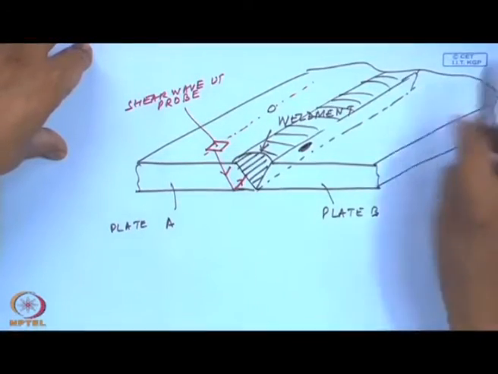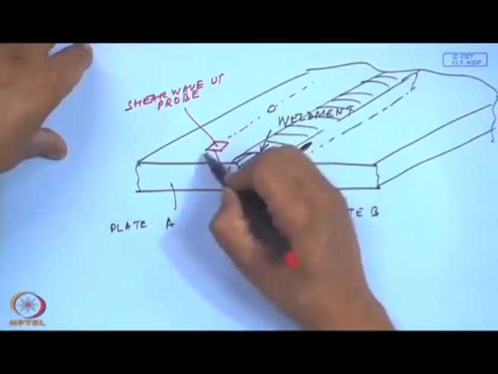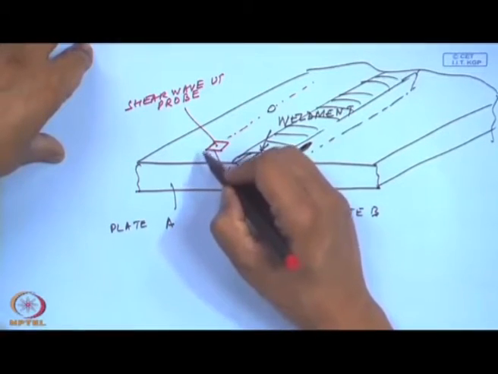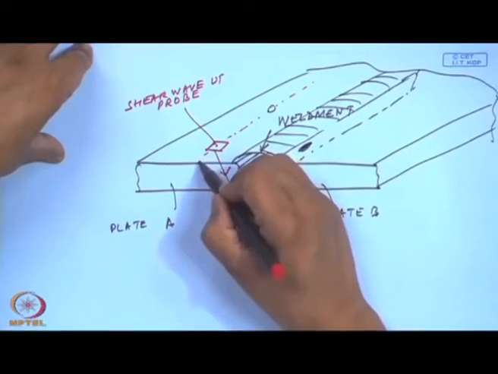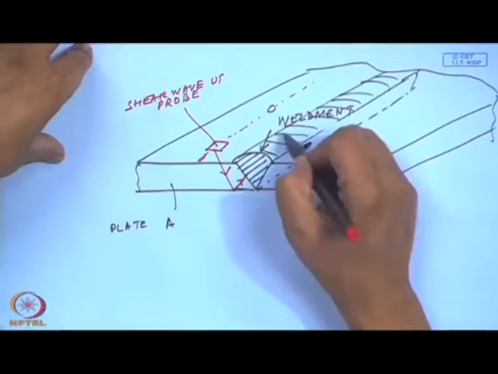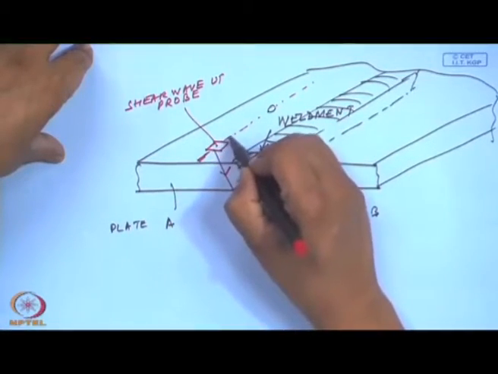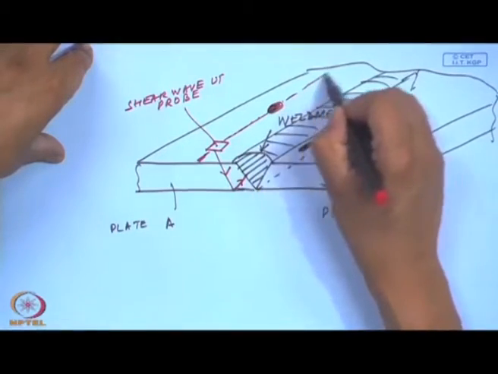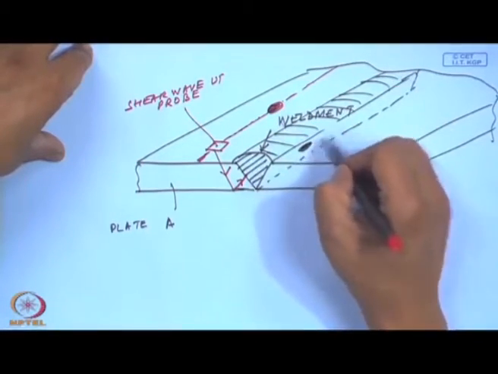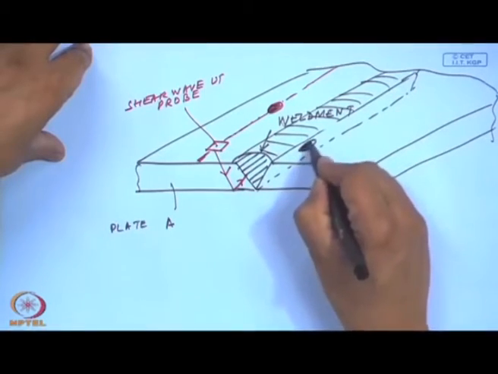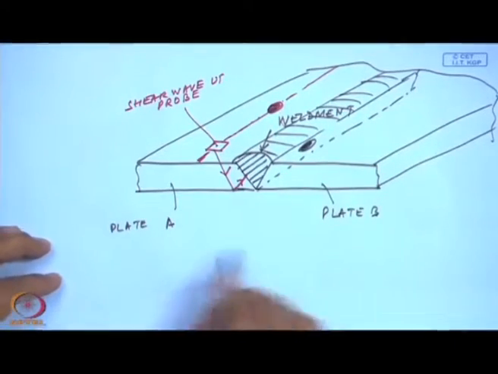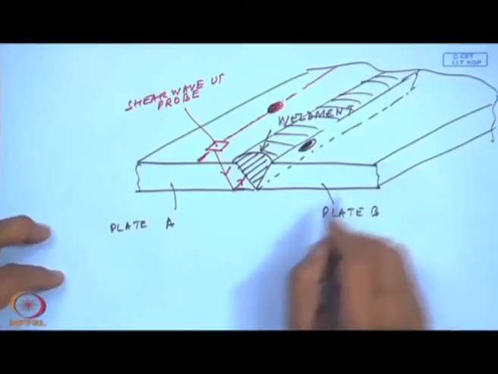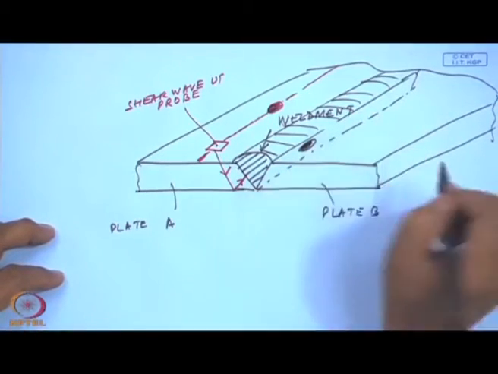So, if I get an image of all the intensities of the ultrasonic wave along this line very next to the weldment, I can see a high intensity which corresponds to a defect here. That is how every weldment is checked against any internal weld defect.